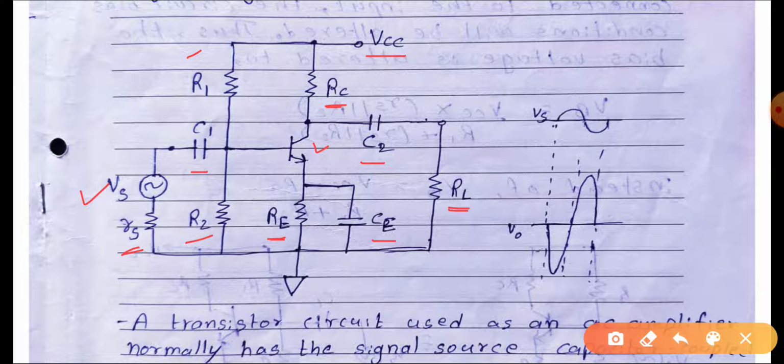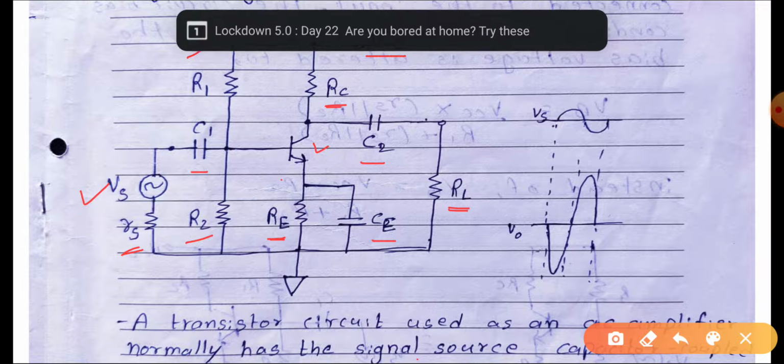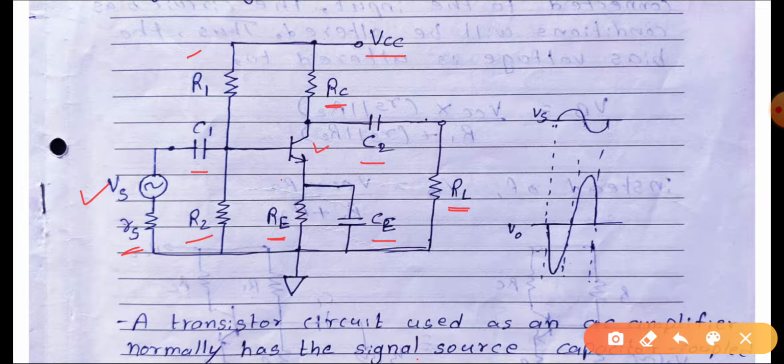For now, we'll first consider the biasing condition for this BJT transistor. By using voltage divider biasing, we keep the operating point in the linear region of the transistor characteristics.